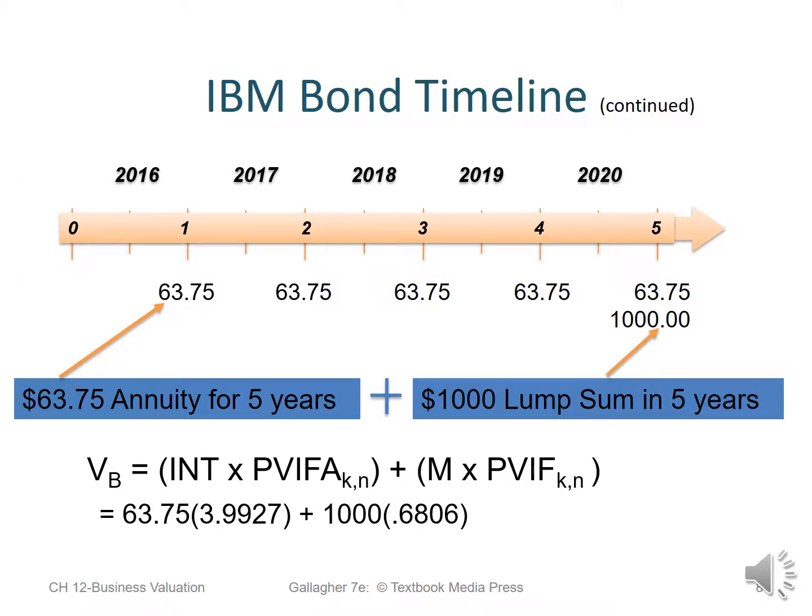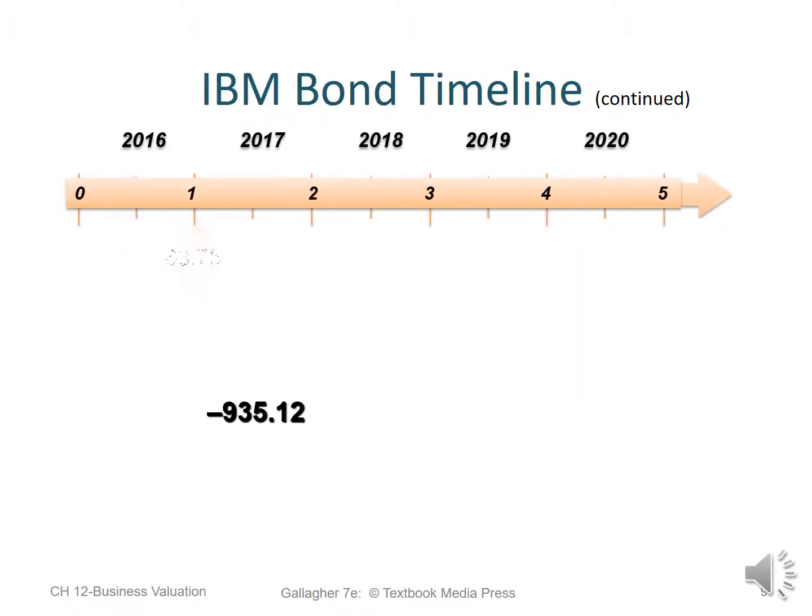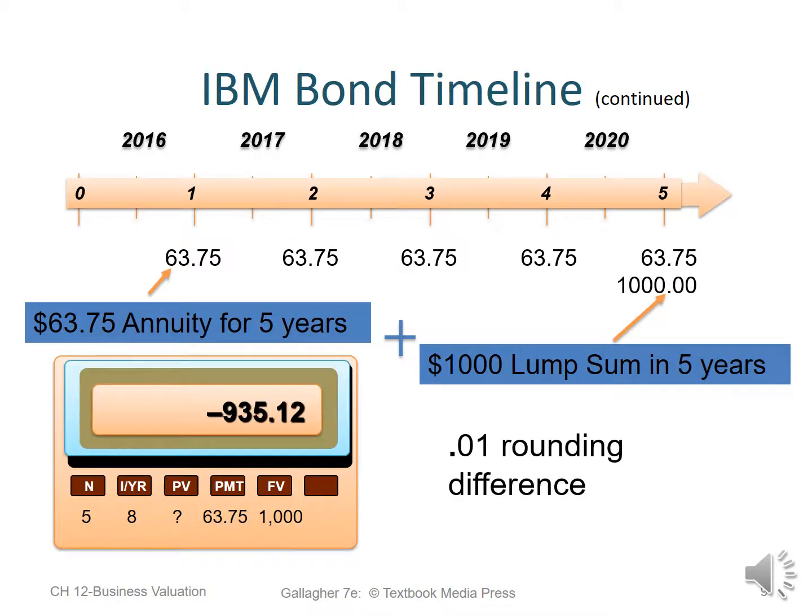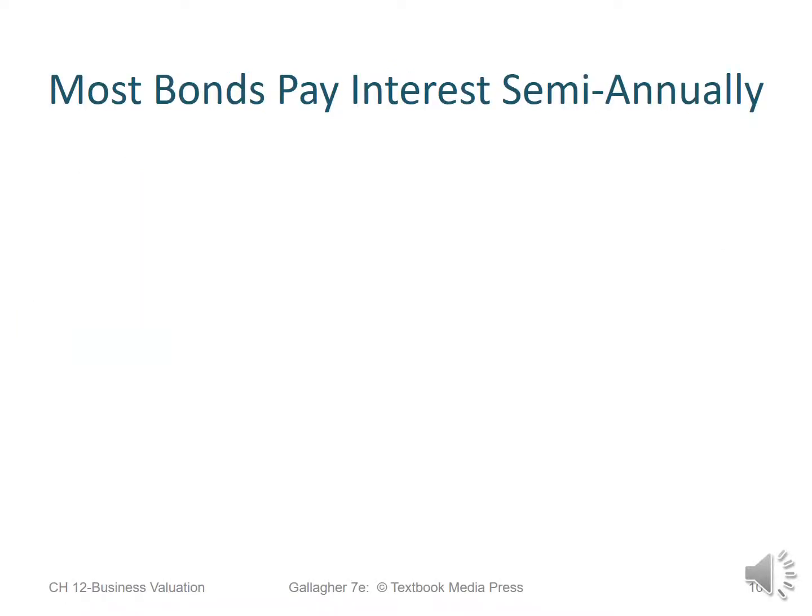So the value of the bond is equal to the present value of the annuity for 5 years, plus the lump sum of that face value paid in 5 years. Also, you can use a financial calculator to get the same result.